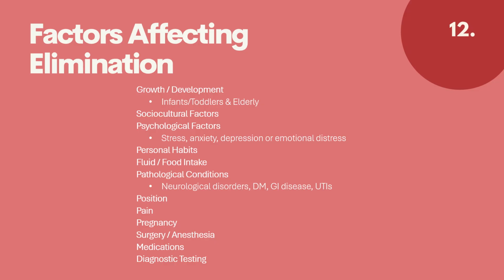There's also pathological conditions. So, thinking of any neurological disorders, stroke, spinal cord injury, MS, those individuals may have a loss of control. They may have retention concerns or incontinence concerns. Your diabetic individuals may have that polyuria or even some neuropathy affecting the bladder tone, leading to incontinence.